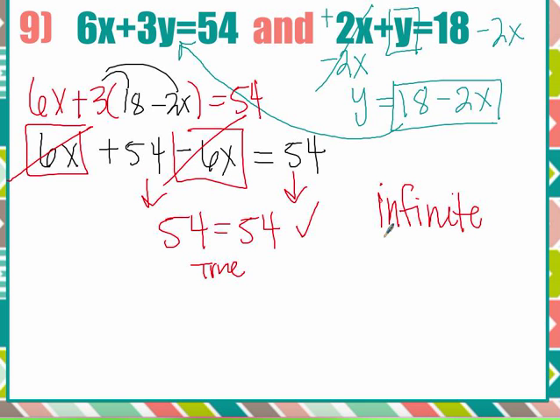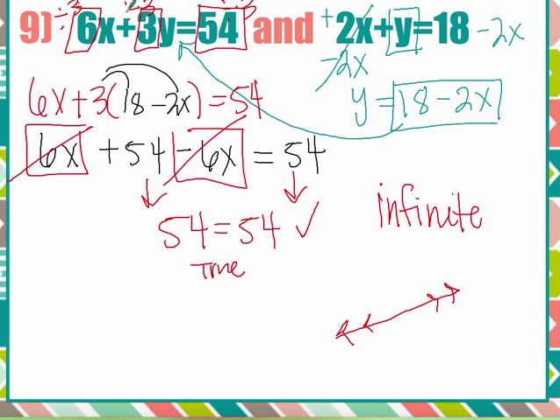Again, if it's infinite solutions, that means on the graph, when one line is graphed, the other line comes out to be the same thing on top of itself. So if I were to rearrange these and put them into y equals form, they would all reduce to the same answers. Even now, I can see that this 6, this 3, and this 54, if I were to divide them all by 3, it would actually give me the other equation.